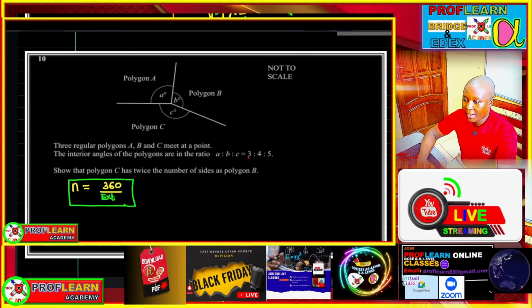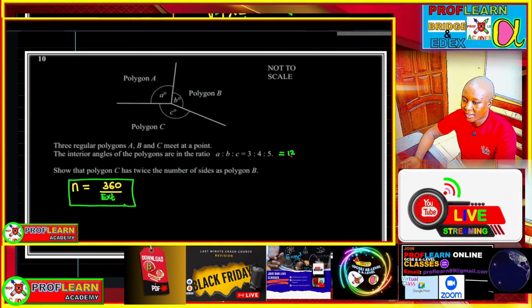And then number 2, we are given a ratio, so the total ratio here is 12, so that we can express A as a fraction, B as a fraction, C as a fraction.